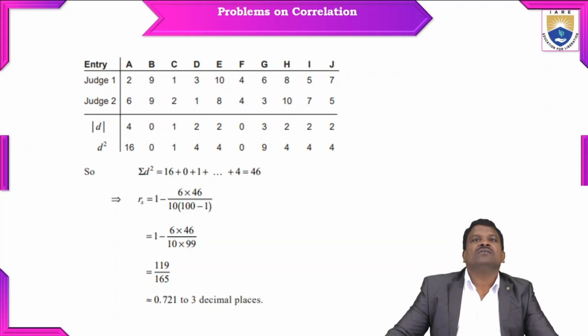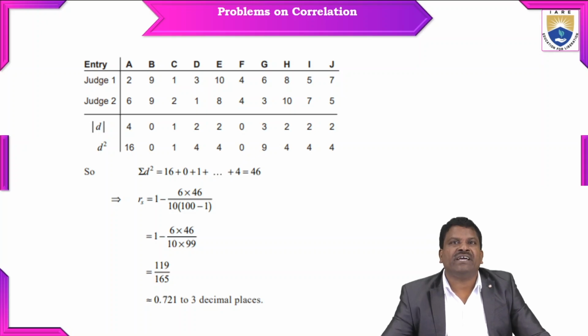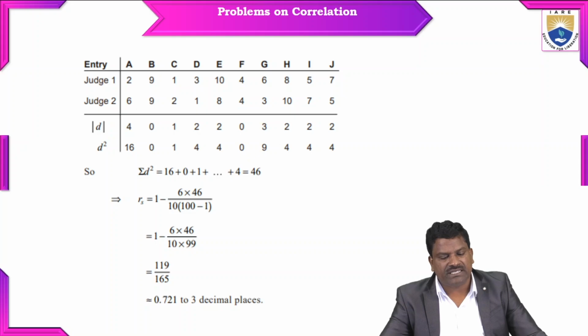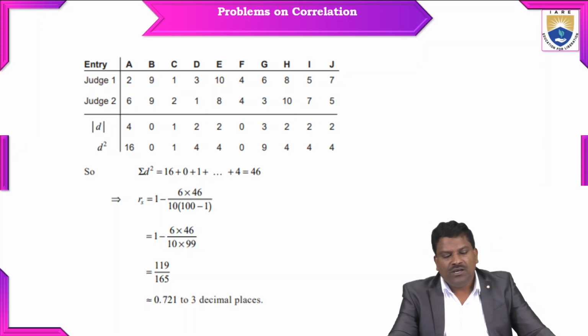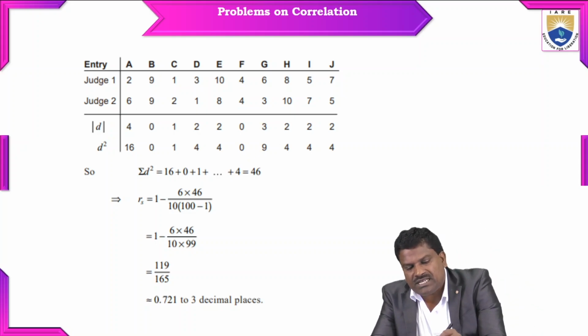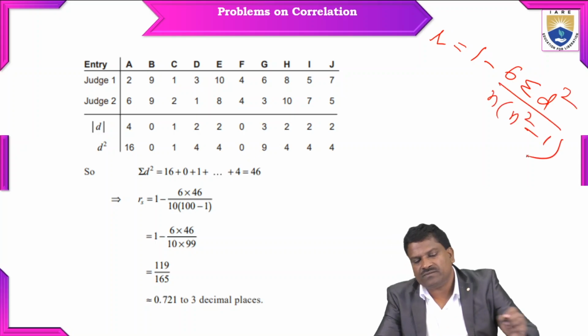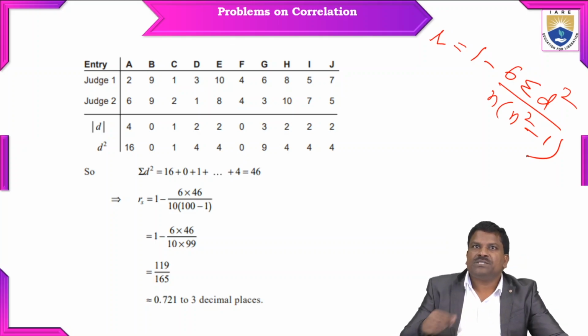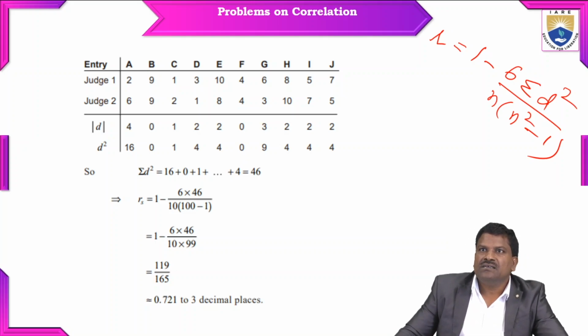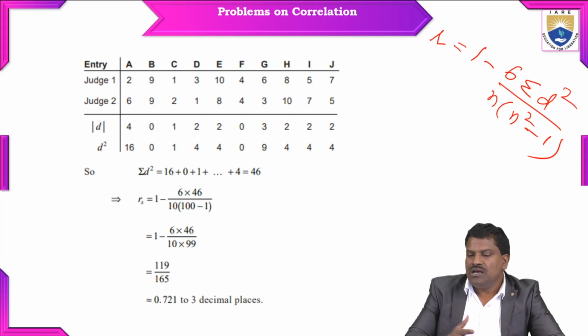Now, let us find sigma d square. Here, sigma d square is becoming 46. Now, using Spearman's rank correlation, R is equal to 1 minus 6 sigma d square by n into n square minus 1. In this, we have to use all of this.